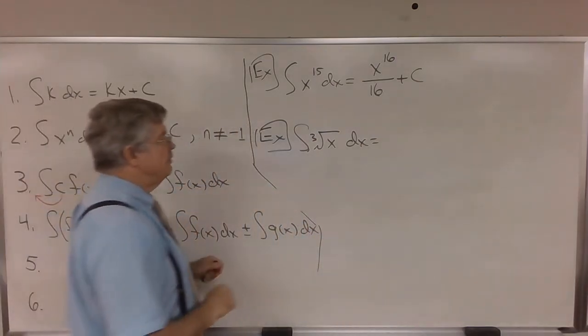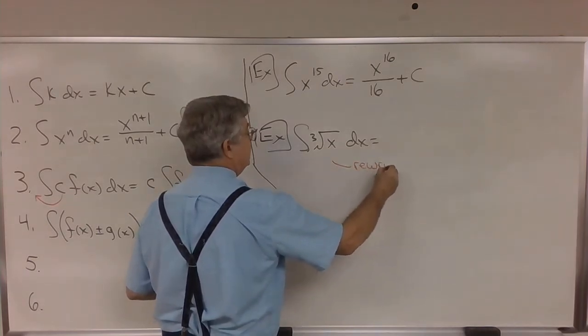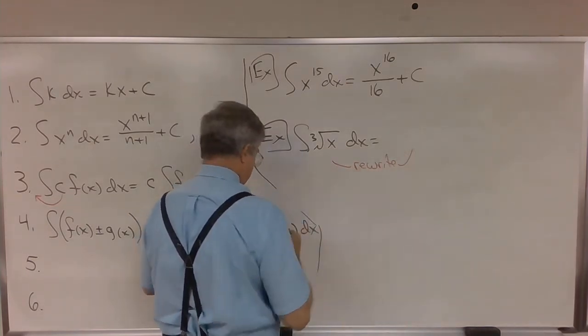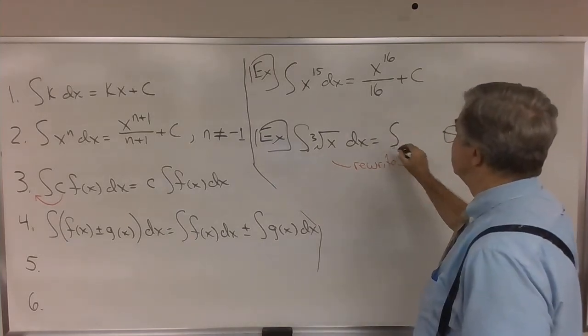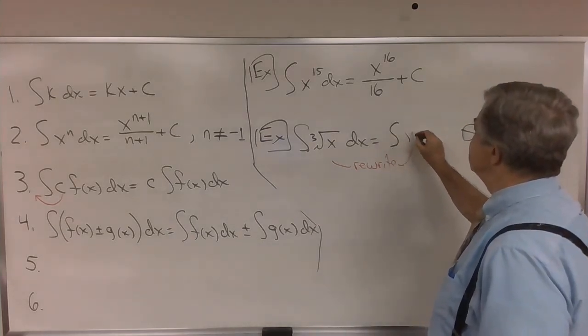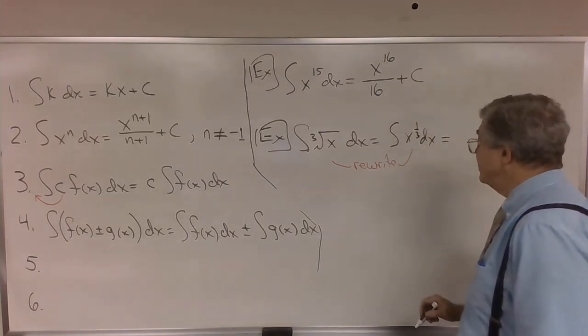Antiderivative of cube root of x. We rewrite. And we have the antiderivative of x to the 1/3 dx.